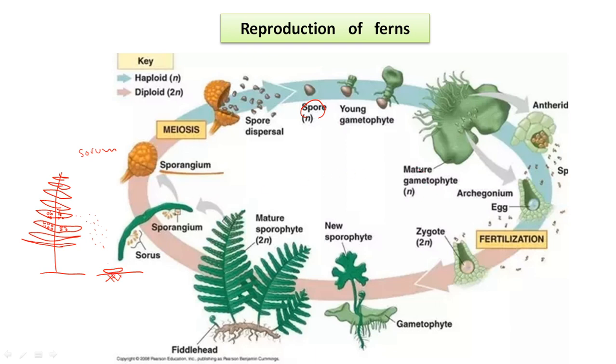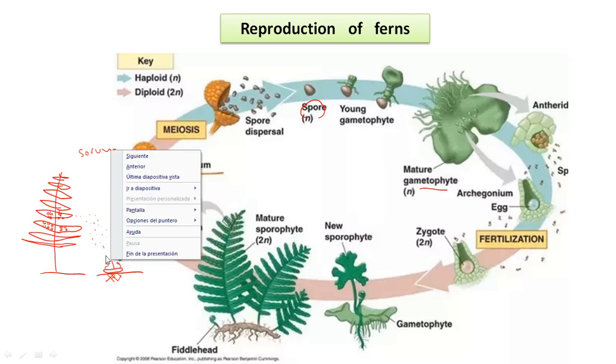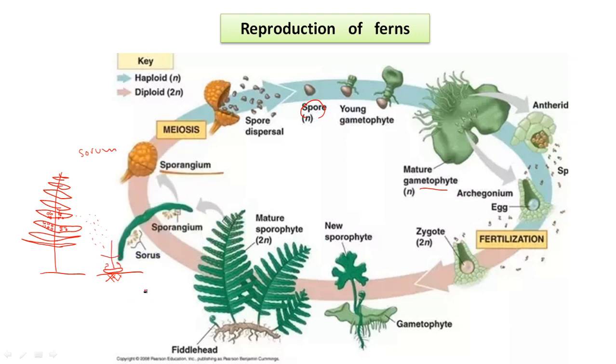This plant is called the gametophyte, and it's a very small plant that has the sexual organs. These gametes join together, produce the fertilization, so here you have one gamete, another gamete, they join together and they produce a new plant, which is called, in this case, the sporophyte.